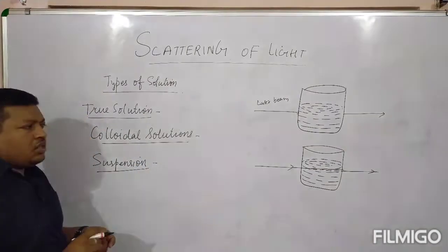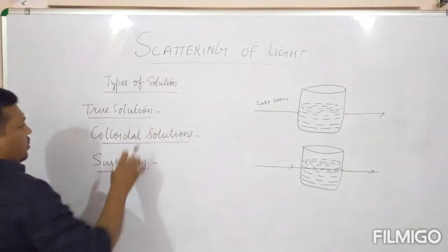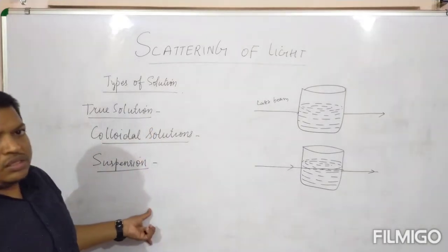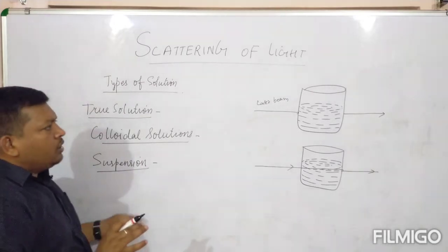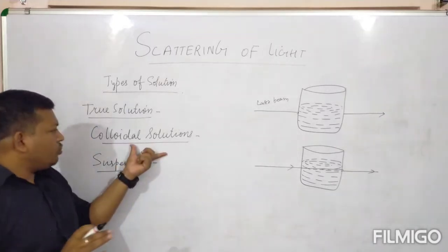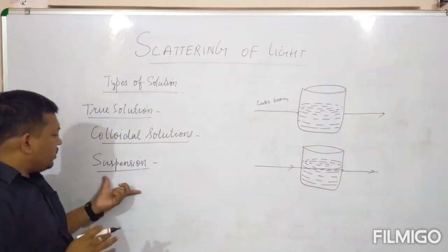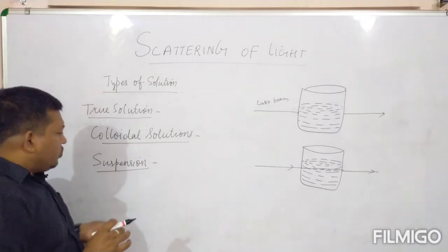What is the difference between these solutions? True solutions are solutions in which solute particles are completely mixed, meaning the solute particle is not visible at all. In colloidal solution, solute particles are visible. And in suspension, solute particles are suspended throughout the solvent.